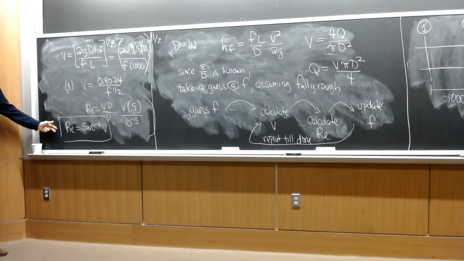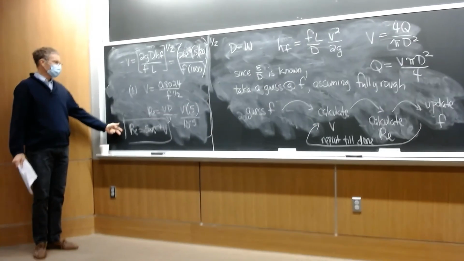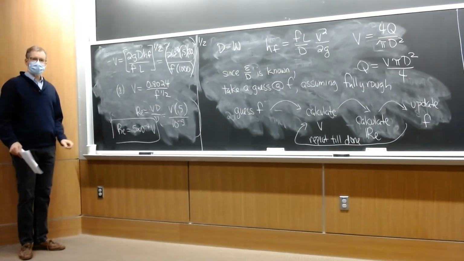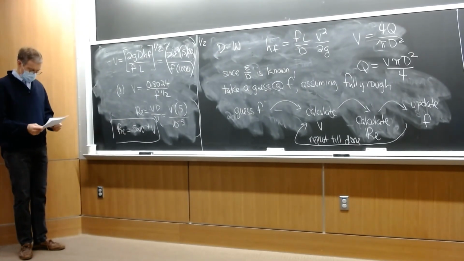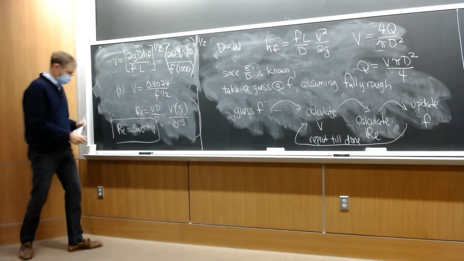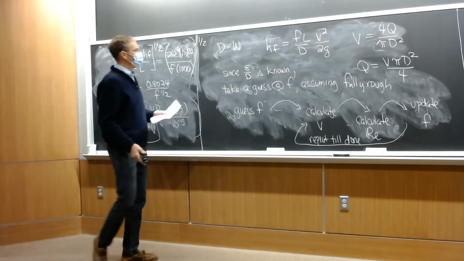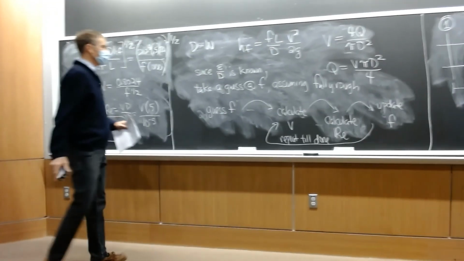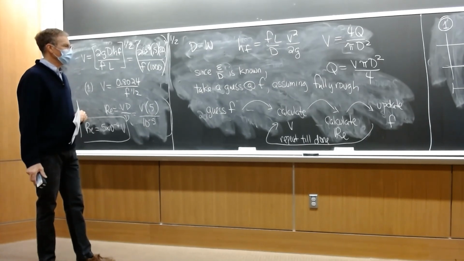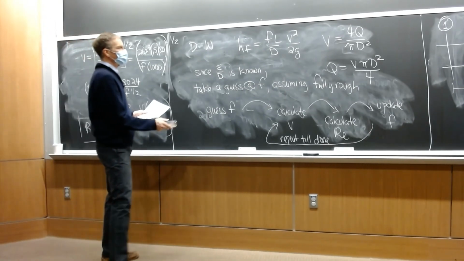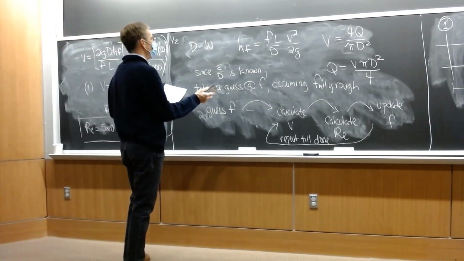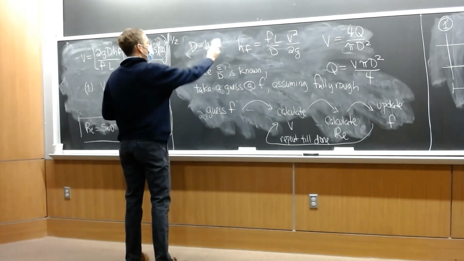Okay, and then, once we know the velocity, then we'll find the Reynolds number. Okay, so like I said, where we start is with a guess at this F, assuming it's fully rough. We have to calculate what the relative roughness is.